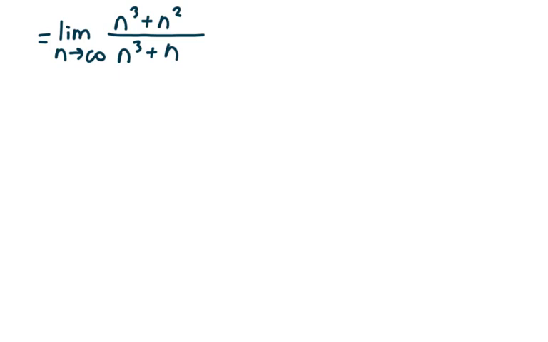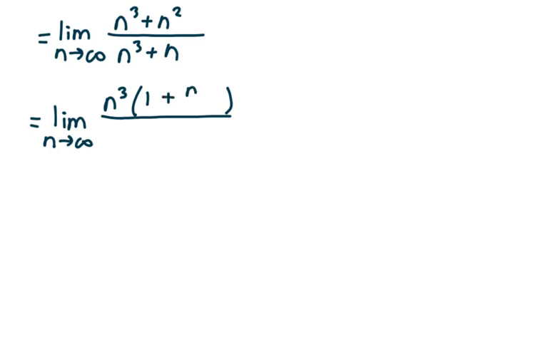Now, I want to give you guys a slick way to evaluate this limit. What I can do is the following. I'm going to take the limit as n goes to infinity. Now, I'm going to factor out an n cubed in the numerator. When I do, I get 1 plus n squared divided by n cubed. And I'm going to factor out an n cubed in the denominator. And when I do, I get 1 plus n over n cubed inside the parentheses.